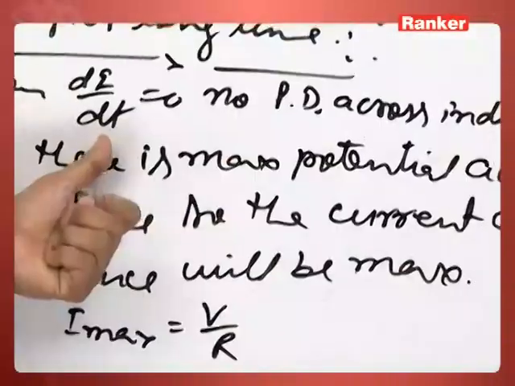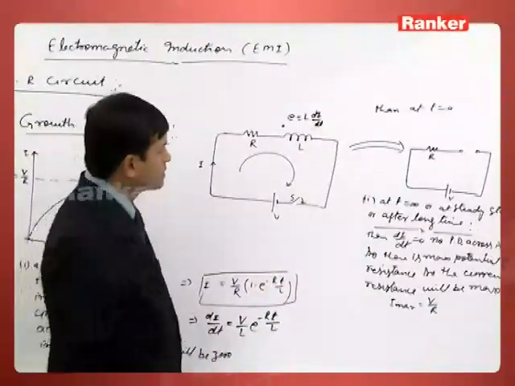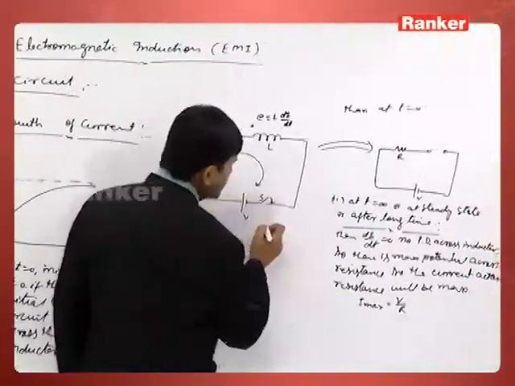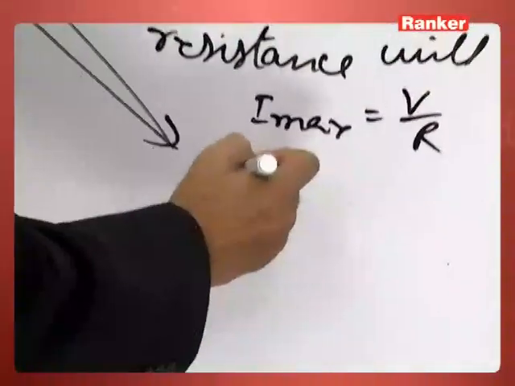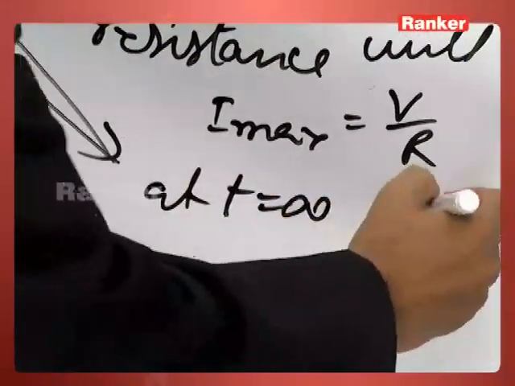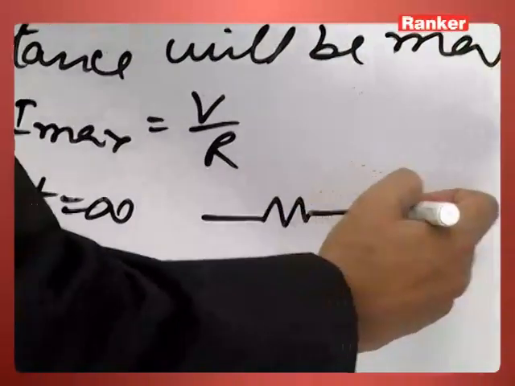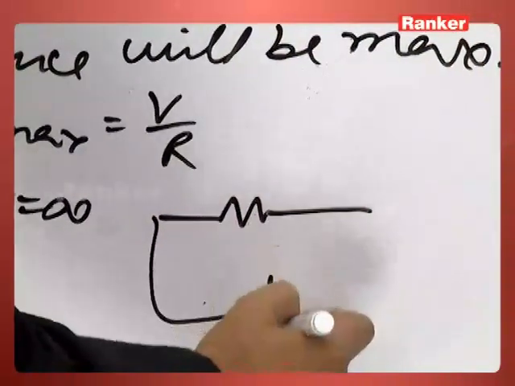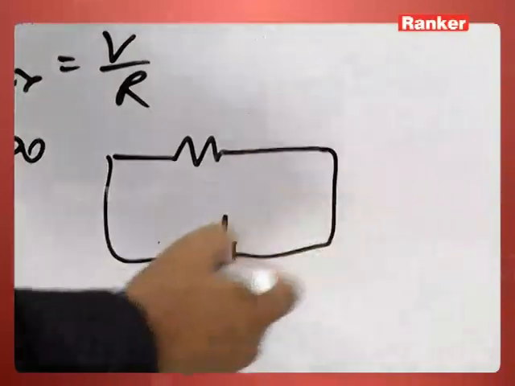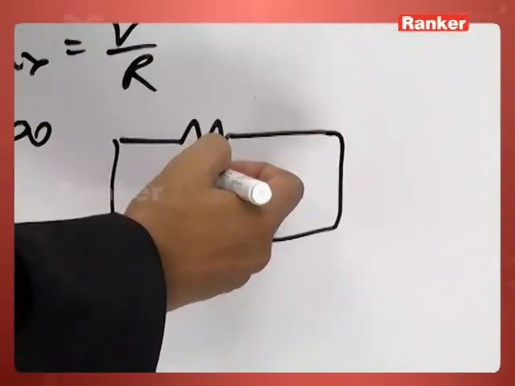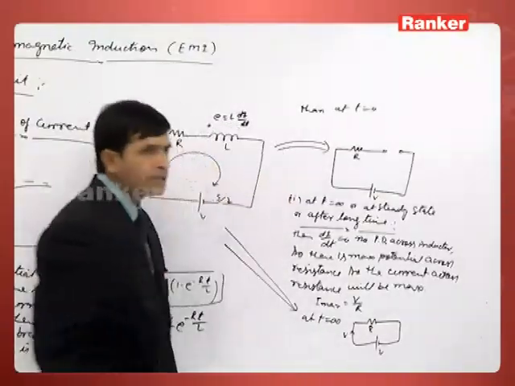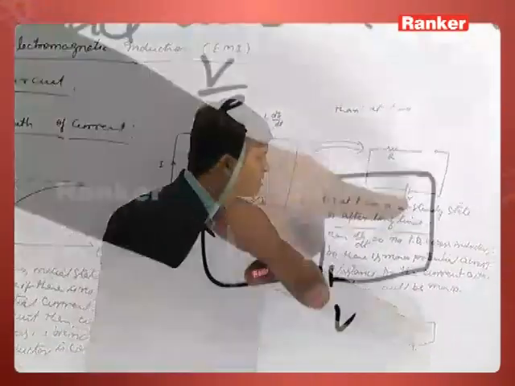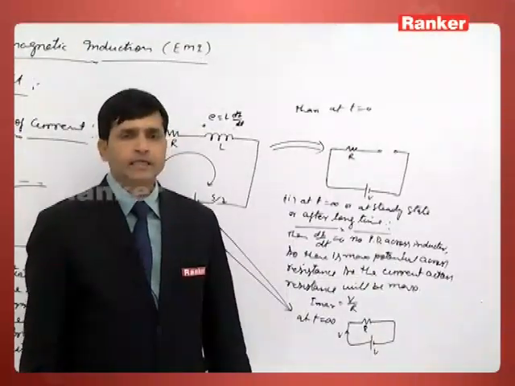Since di by dt is 0, there is no potential drop here, so this circuit can be made like that. At t is equal to infinity, it is this type of circuit. So what can be done? We can simply replace the inductor with a normal conducting wire.